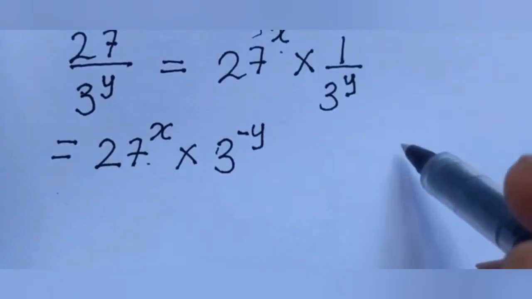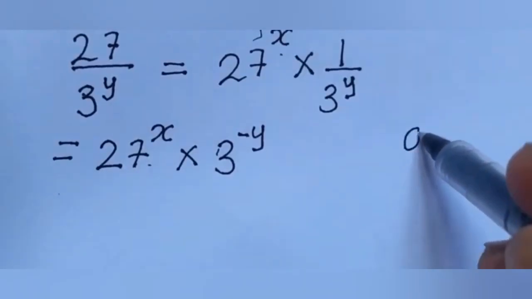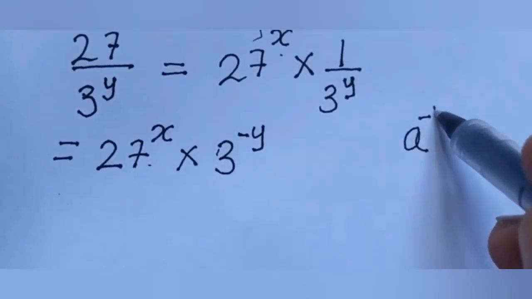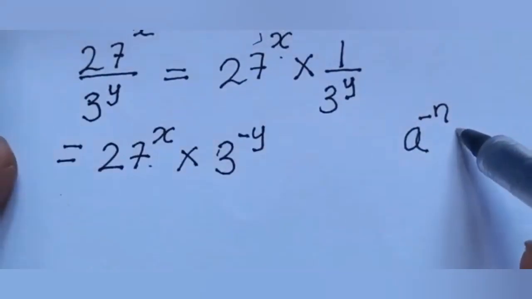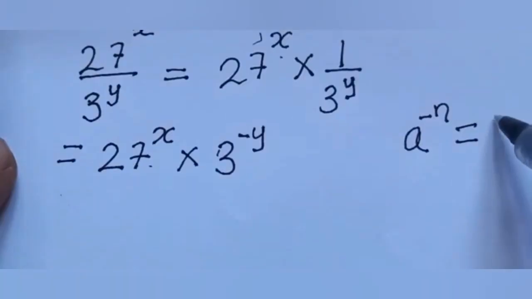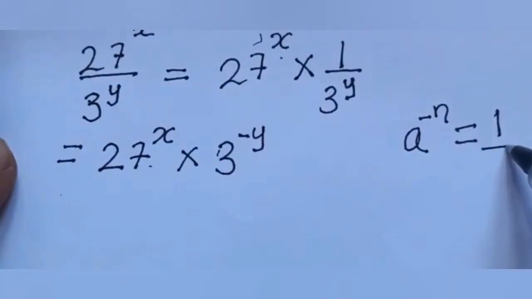It says: a power negative n equals 1 over a power n.